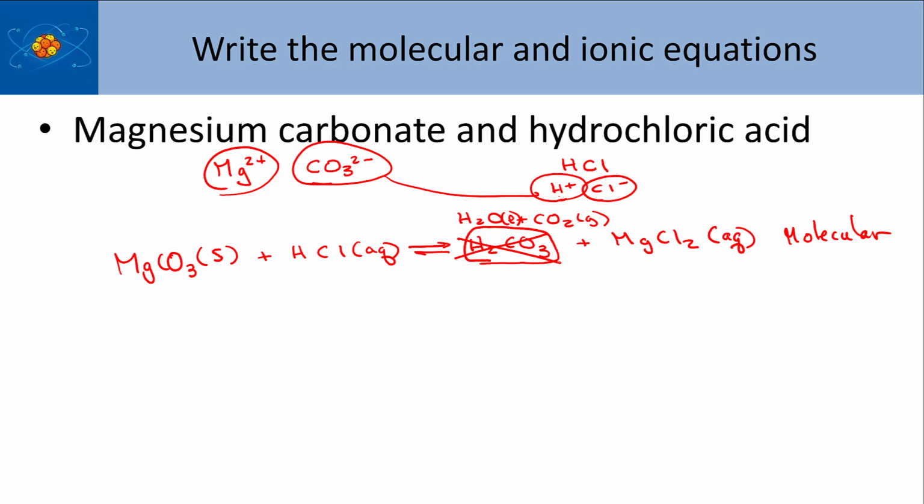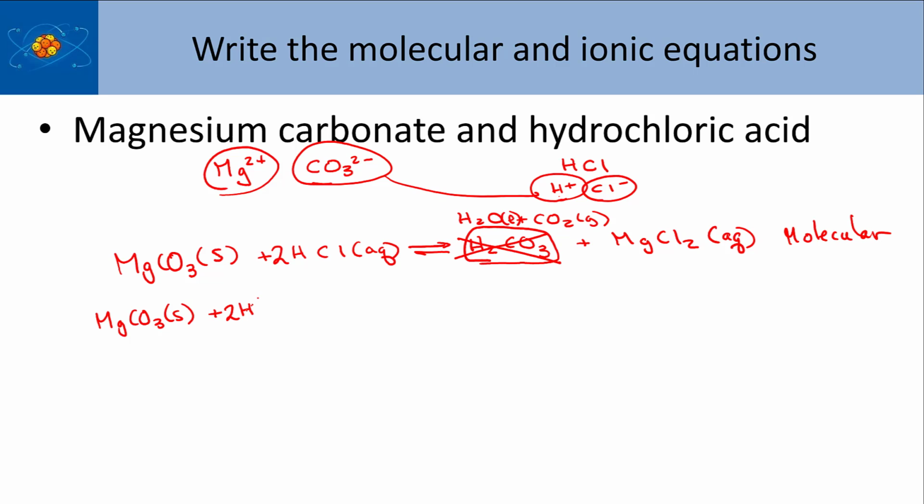Now the next thing to do is to split up everything that's either ionic and aqueous or soluble, and the strong acids. And so what I can do is I can write MgCO3. That doesn't change because it's not ionic, aqueous, or a strong acid, but HCl is on the strong acids list. Oh, sorry, I forgot to balance this, by the way. That's the balancing of it.